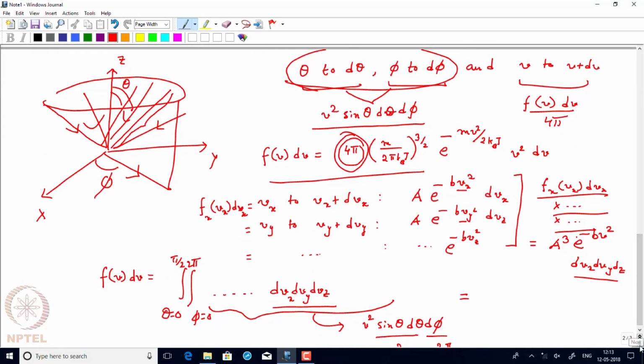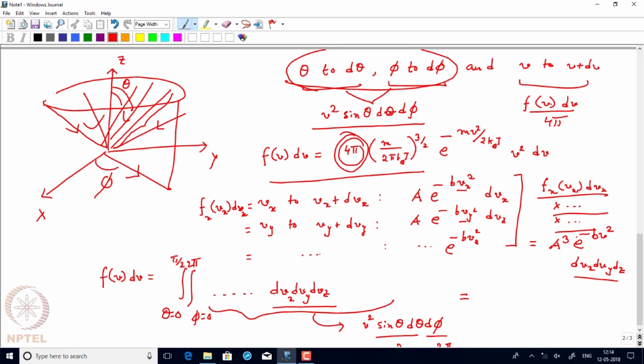then what we are going to get, and remember this Maxwell-Boltzmann distribution, if I change theta to theta plus d theta and phi to phi plus d phi, as well as change v to v plus dv, there will be a distribution function. But I will not take the whole distribution, because there is a v square in it.